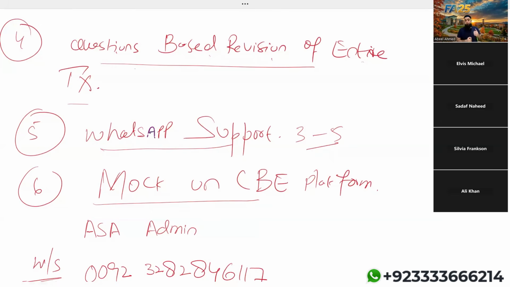Just imagine, if you attempt the ASA mock at least 12, maximum 15 days before the exam, and you have taken the personalized feedback, it means you get to know your weaknesses and you will still have around 2 weeks to improve them. You will still have time for the improvement. That is the benefit of giving the ASA mock and getting personalized feedback.